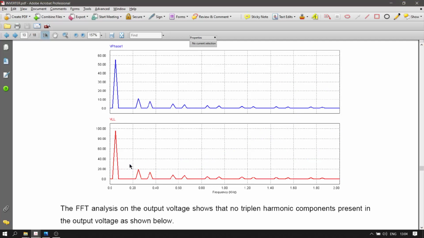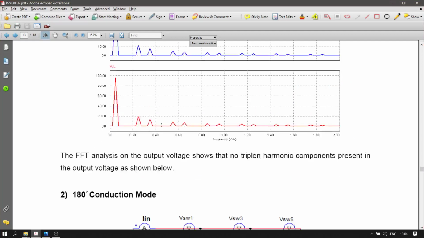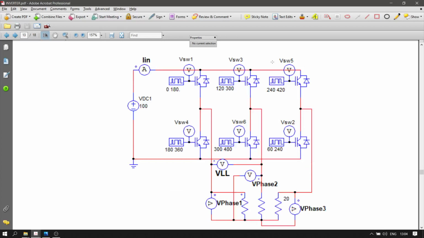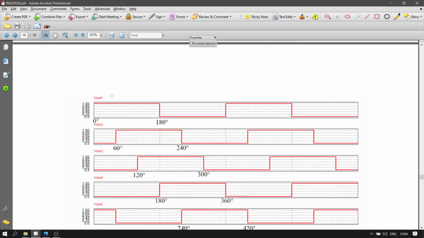Okay, so what about the 180 degree conduction mode? Again, we have the same arrangement, 1 3 5 2 4 6, and the switch signal to the switch is different. You have 0 to 180 degree instead of 120 degree.